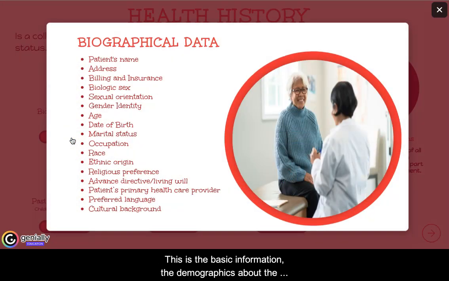This is the basic information, the demographics about the patient: the name, address, biologic sex, sexual orientation, gender identity, date of birth, marital status, occupation, race, ethnic origin, religious preference, advance directives, their primary care provider information, cultural background, and their preferred language.